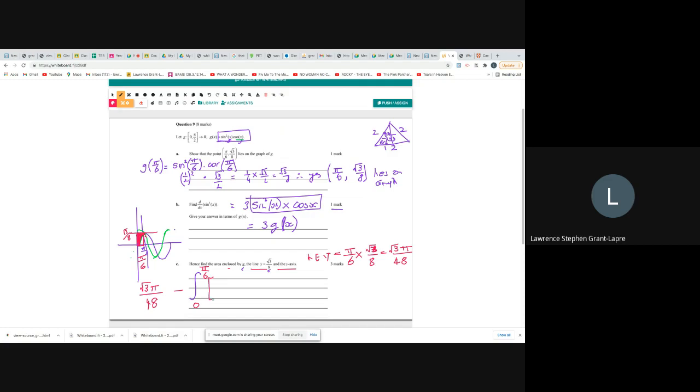So we want the integral of sine squared x cos x, and that's too hard to do. But we do know that 1/3 of the derivative of sine cubed x is equal to g of x.